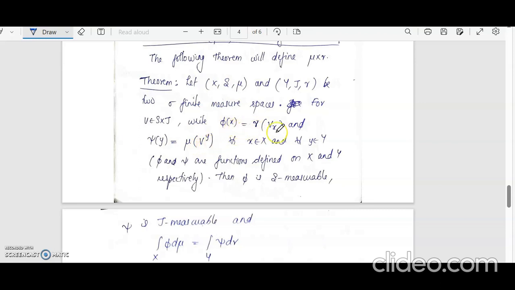So we have the functions phi of x equal to r of V_x and psi of y equal to mu of V^y.